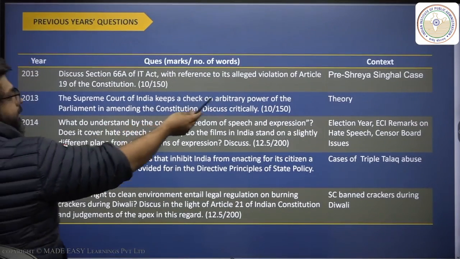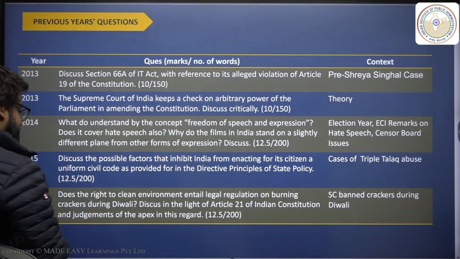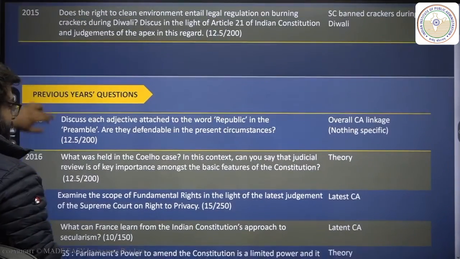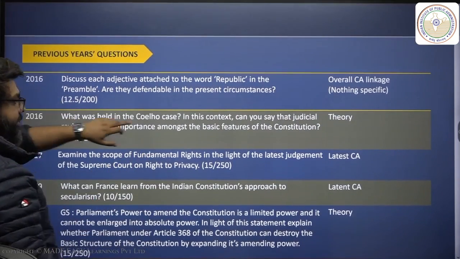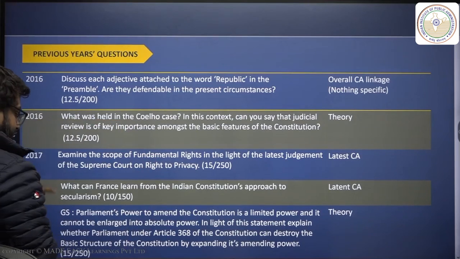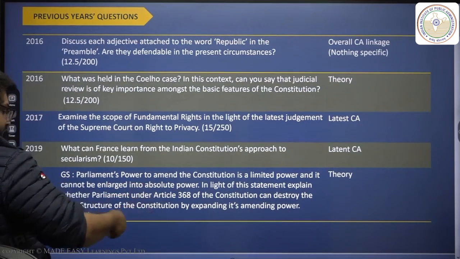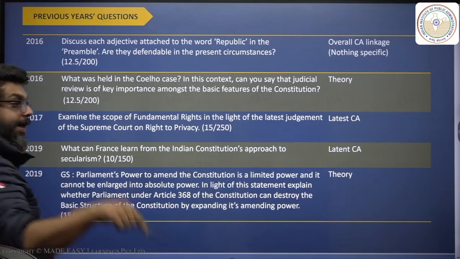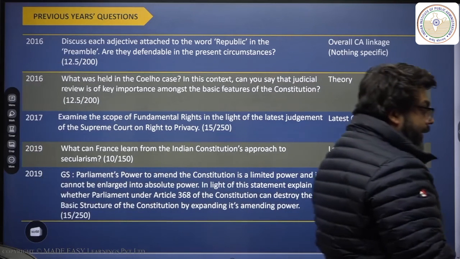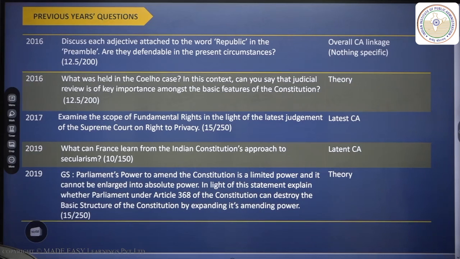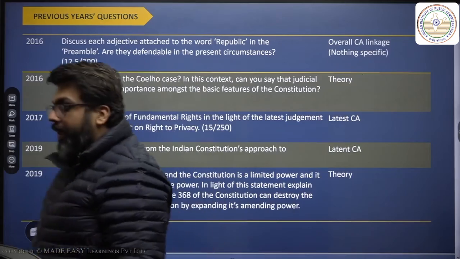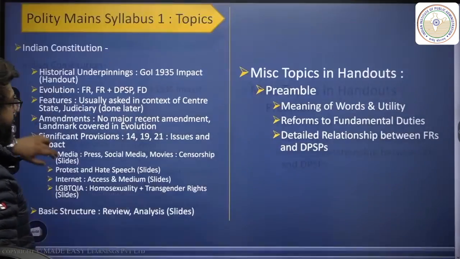The Supreme Court keeps a check on the arbitrary power, discussed critically. Then there was a question which is very similar to this. What is the IR Coelho case? Is judicial review important? And the Parliament's power is a limited power. Can Parliament under 368 destroy the basic structure? So what you get as a part of these questions in the mains exam are actually analytical questions. You'll find them right here.